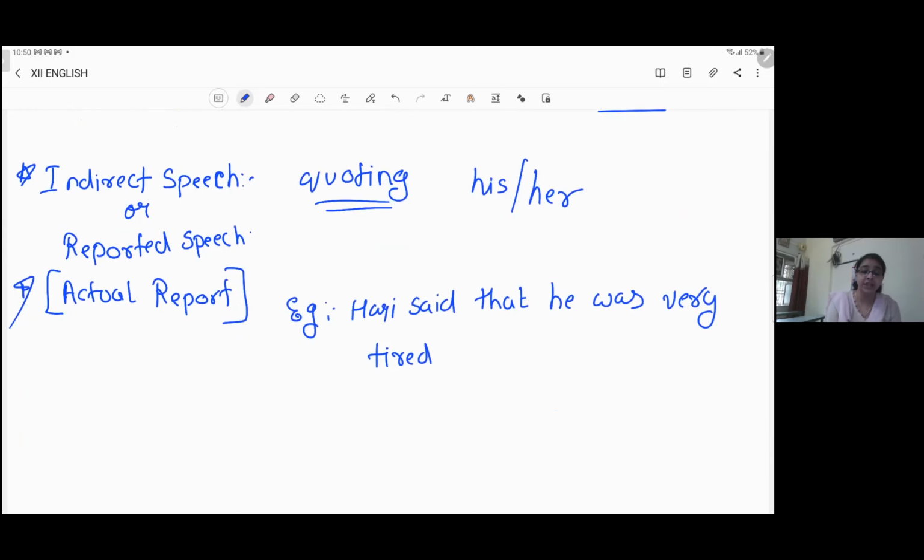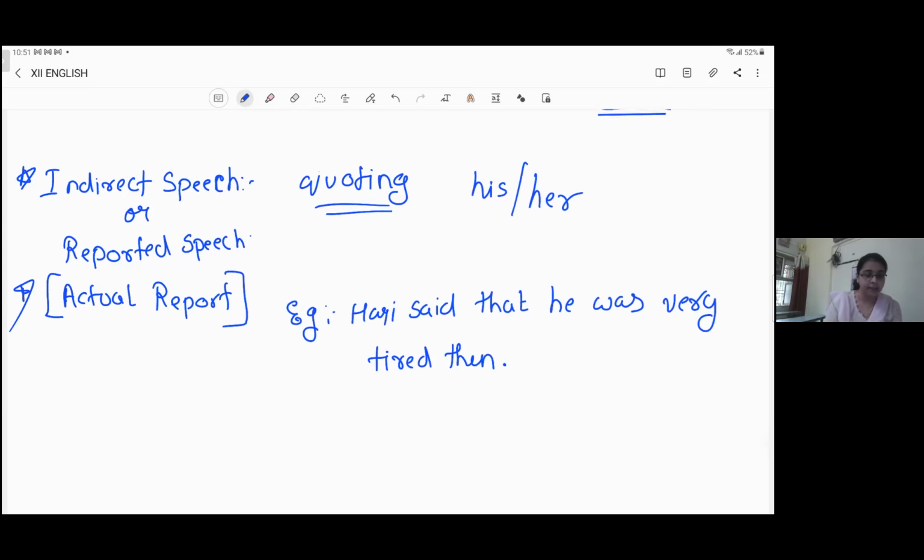That is THEN, then. This is the actual report given by the second person to the third person. Clear? No inverted commas, nothing. Just last में sentence complete होगा तो full stop will come.